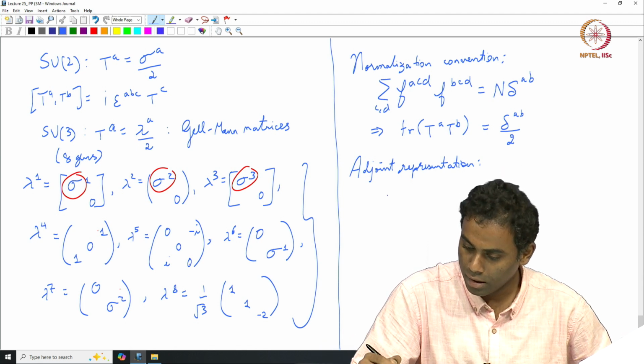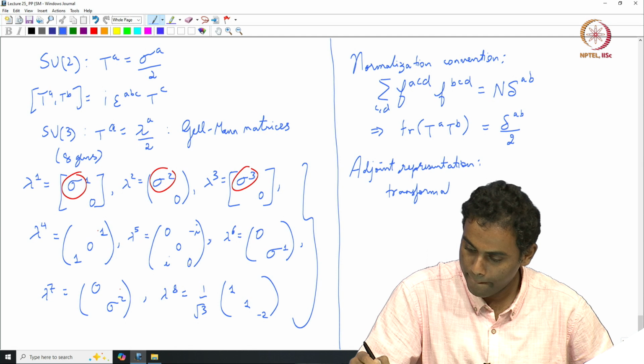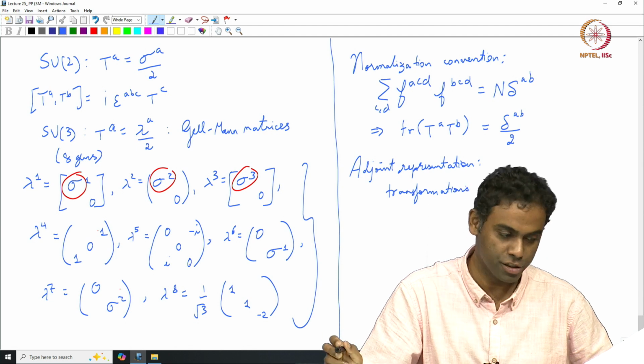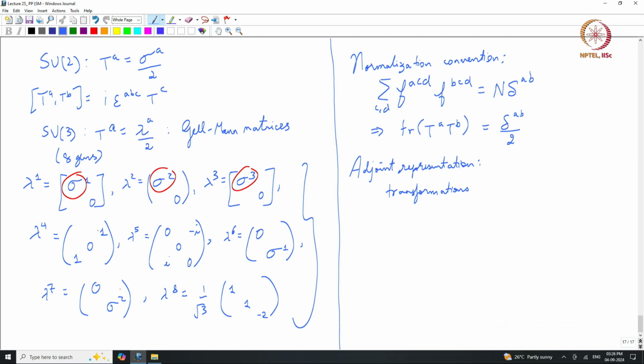These are transformations in the vector space inhabited by the generators themselves.